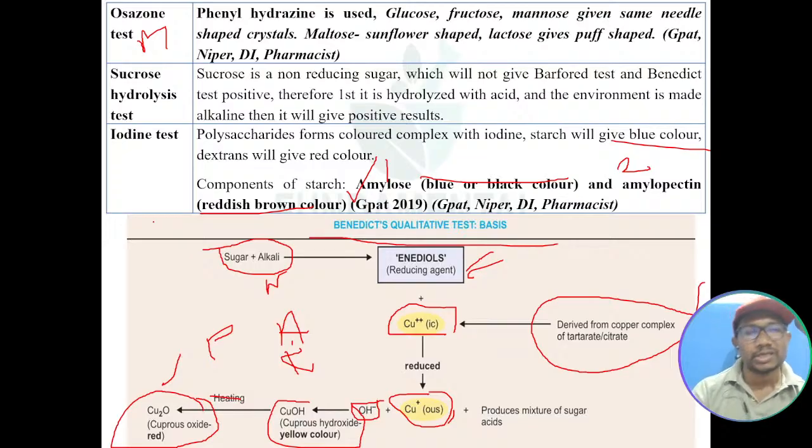A sugar having a free aldehyde group is known as a reducing sugar. Glucose has a free aldehyde group, fructose has a free ketone group, and maltose and lactose have free aldehyde groups. But sucrose does not. So that's why sucrose is a non-reducing sugar.